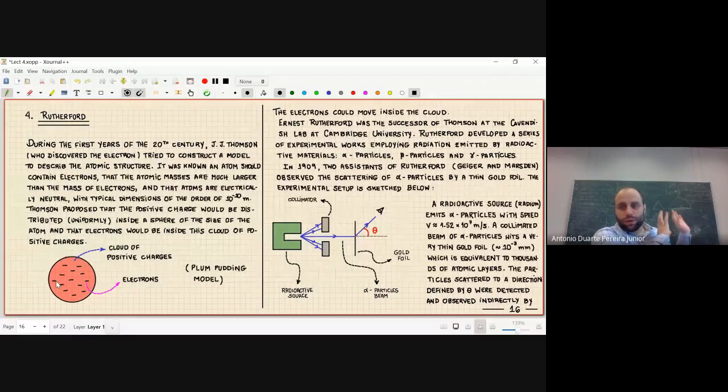Photons were proposed, well, not even with this name, but these particles of light were proposed by Einstein, explaining the photoelectric effect. So Thomson discovered the electron and proposed an atomic model. And also I'm not using the word proton here. Of course, we learned at some point that those particles were protons, but at this stage, the only thing that they knew was that the atom should contain some positively charged particles. Okay, thank you. You're welcome.